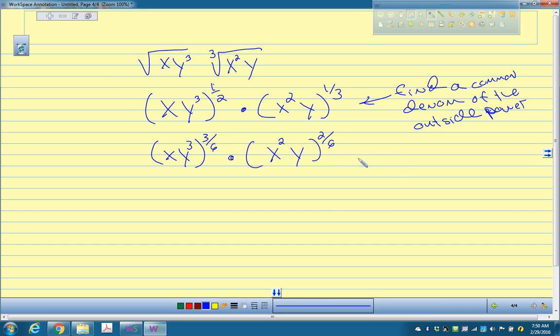Now I'm going to distribute the power. Remember when it's a power to a power, you multiply the exponents. So now I'm going to rewrite this as x to the 3/6, y to the how many sixths?